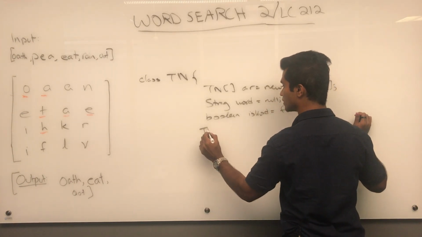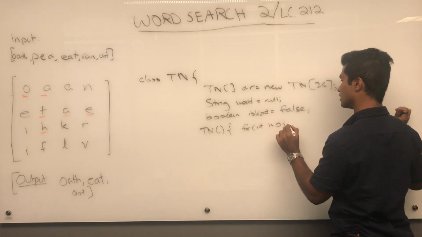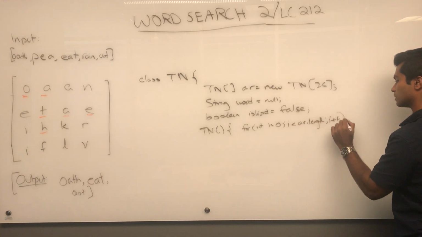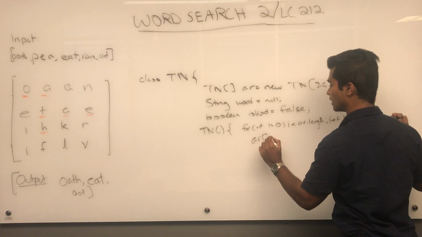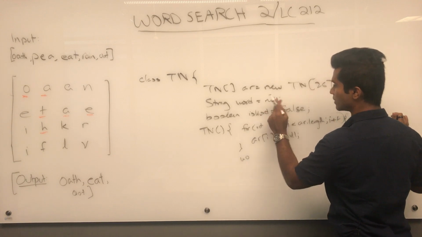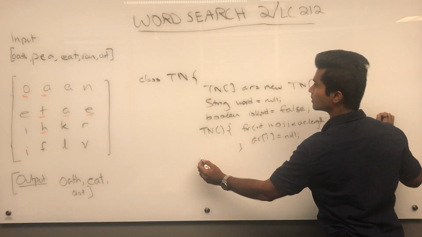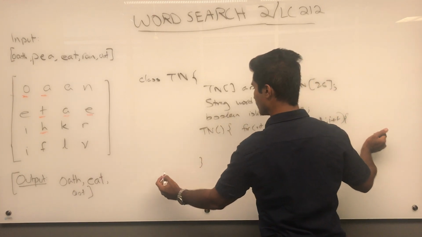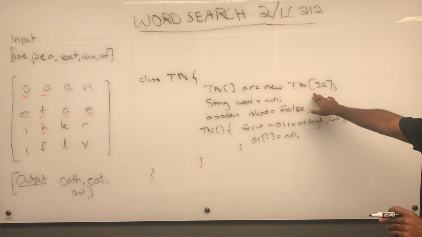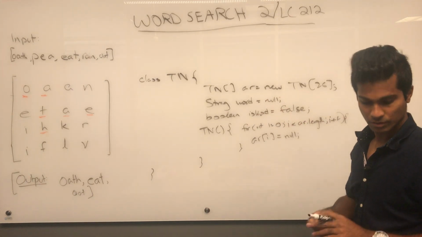Then let's have the constructor: for int i equals 0, i less than ar.length, i plus plus, and then ar of i is set to null in the beginning. The word I actually initialized already, so that's fine. That's the complete node. So we have our array initialized to null, the word is null, and the boolean is initially false.